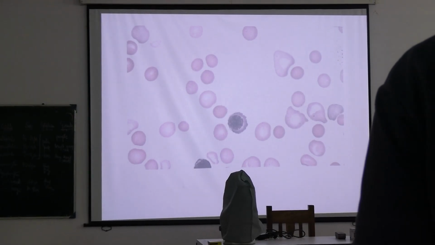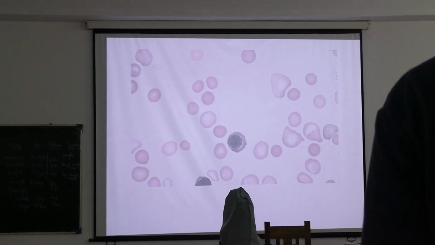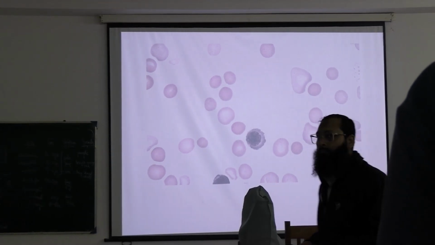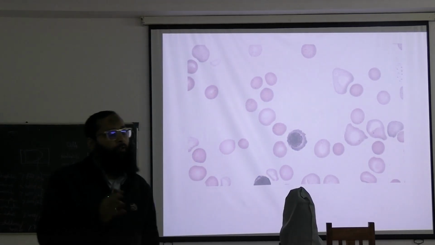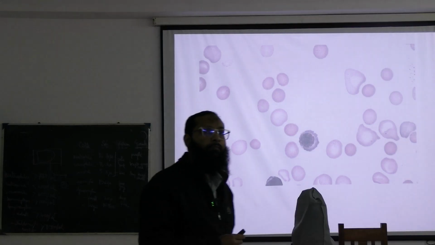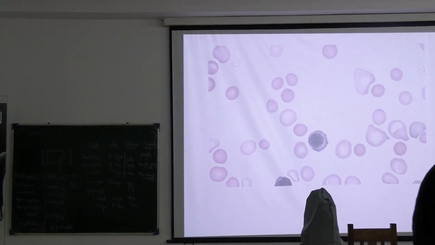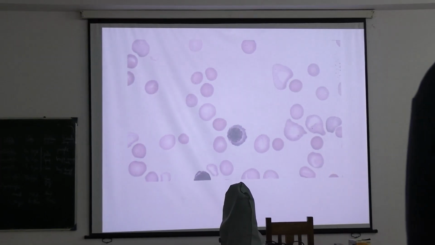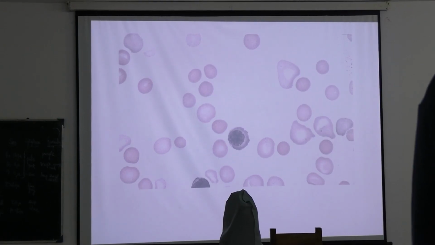First, start from the size, shape, cytoplasm, granules, then comes the nucleus. Round in shape, okay, fine. Size? Generally, for understanding purpose, it is considered to be double the size of an RBC.